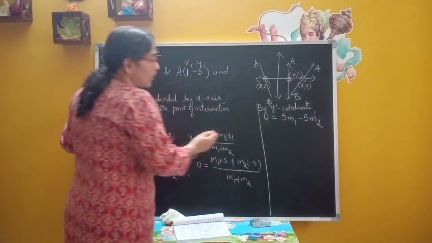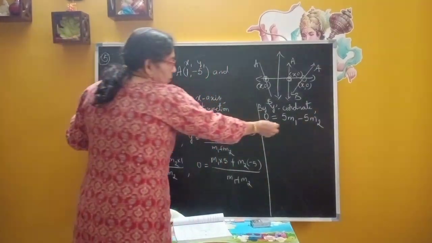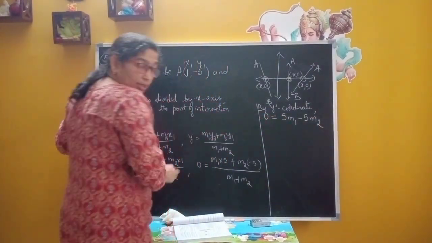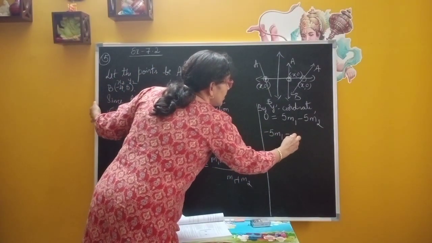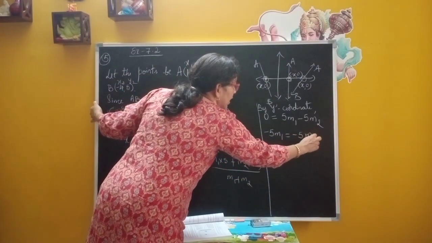Shifting 5m1 to the left-hand side, this becomes minus 5m1 is equal to minus 5m2.